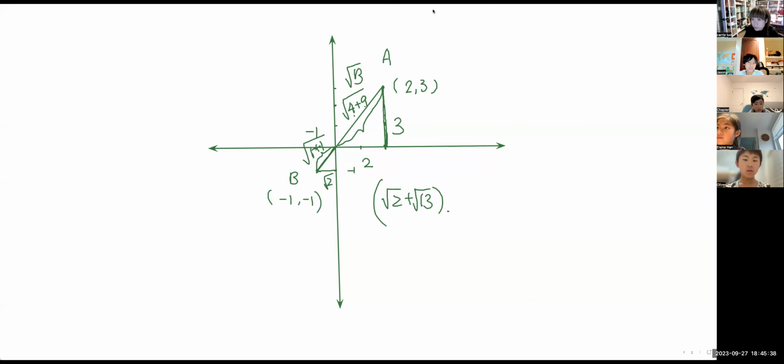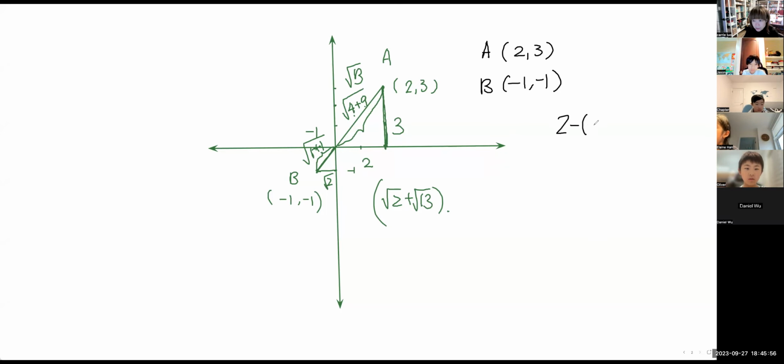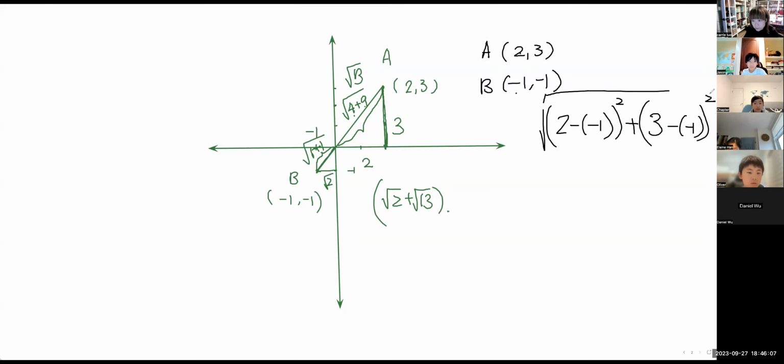Yes, okay, so I want you to copy this down. There is a formula for that. Okay, so we have A equals 2, 3, and we have B equals -1, -1, right? So how do we do it? You use the first one, 2 minus -1. So this one minus this one squared plus this one minus this one squared, square root, equals AB.